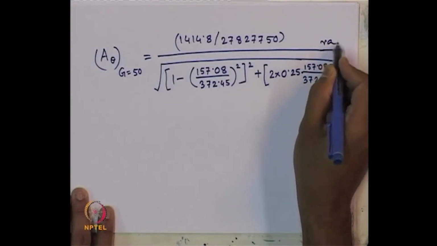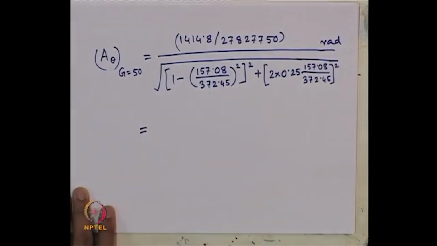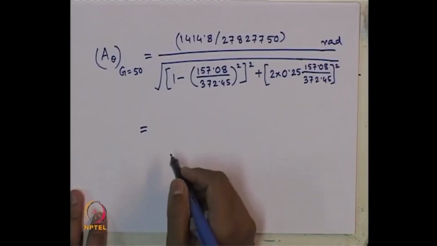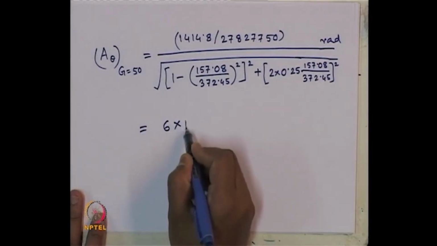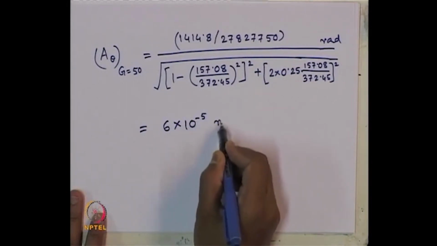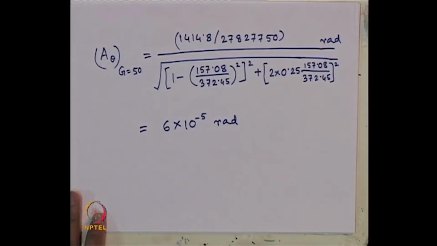So much of radian. If we calculate this, in this case we are getting 6 into 10 to the minus 5 radian. Okay.